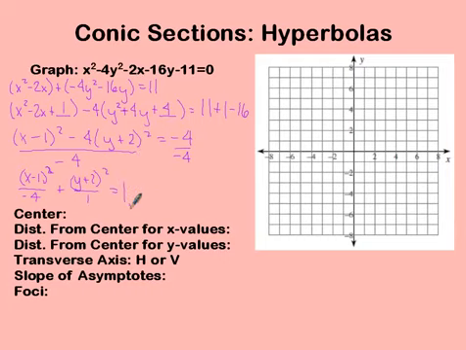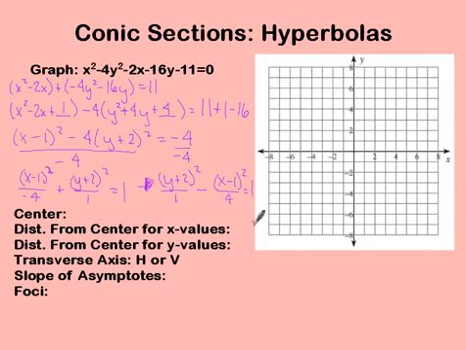Now this isn't written in standard form. I have to take my left fraction and move it over to the right, so I have to switch these. So we get y plus 2 squared divided by 1 minus x minus 1 squared divided by 4 equals 1.